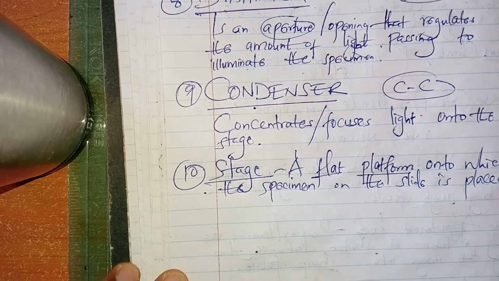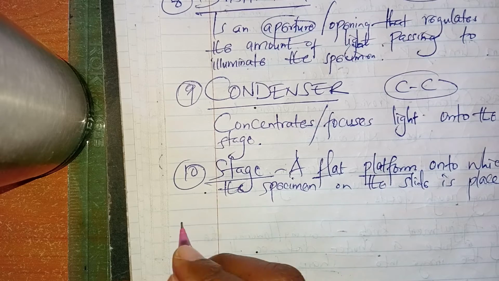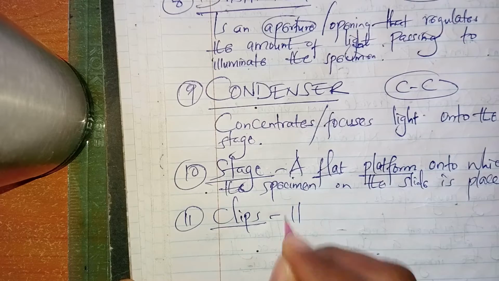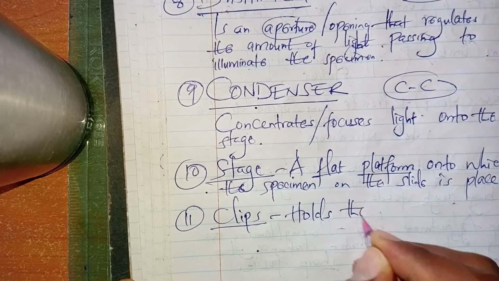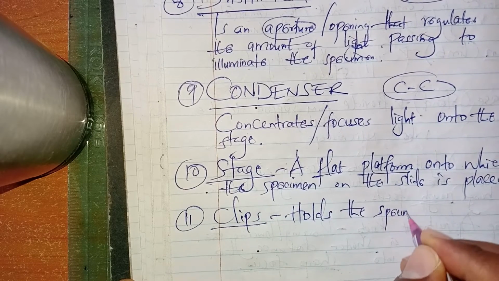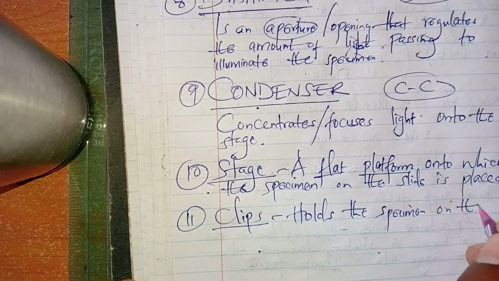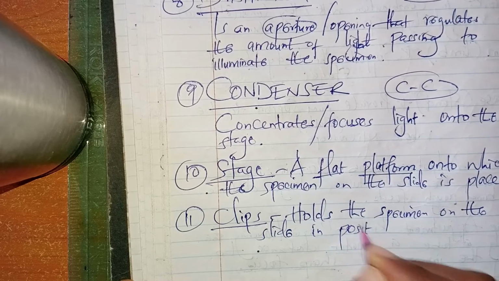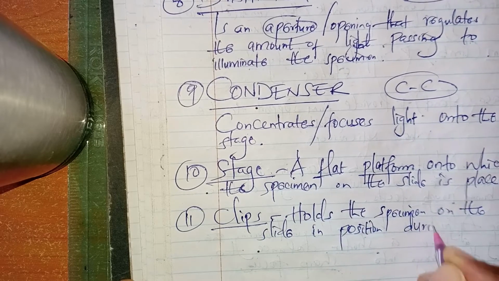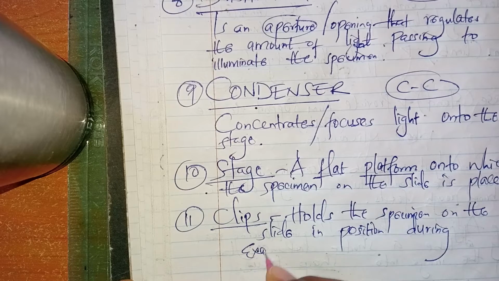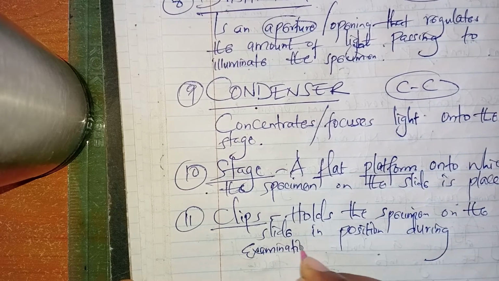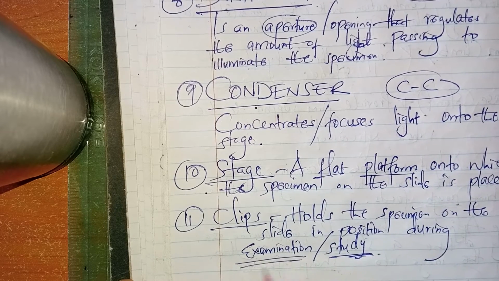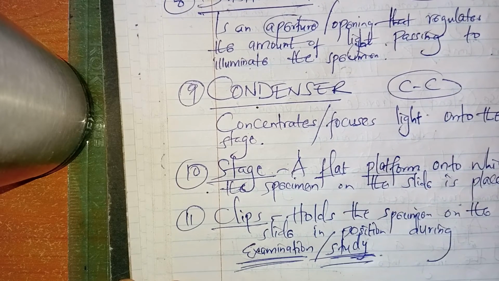And on this stage we have what we call the clips, a pair of clips that holds the specimen on the slide in position during examination. When we say examination, we mean study. Biological examinations are also called biological studies. So we move to something else.